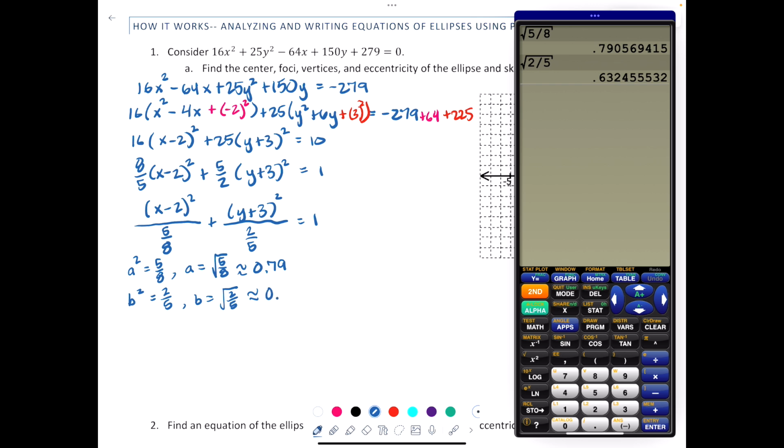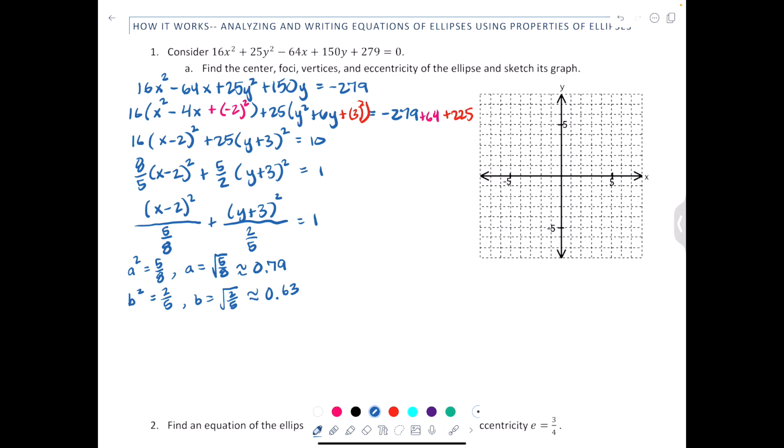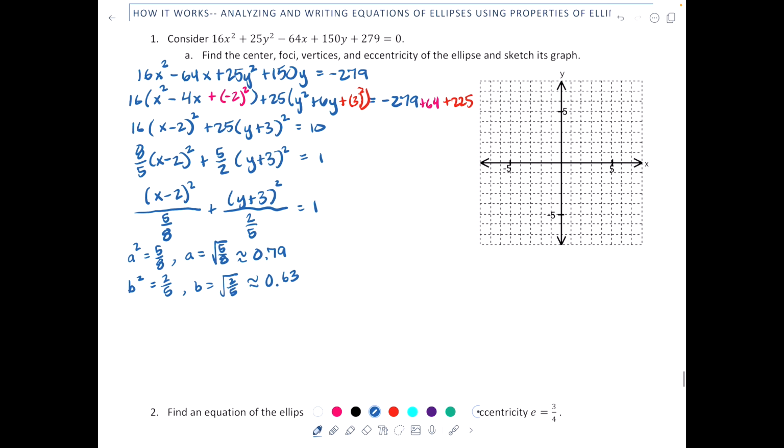So the a and the b are not too far apart. So this is going to look very circular, but not quite a circle.